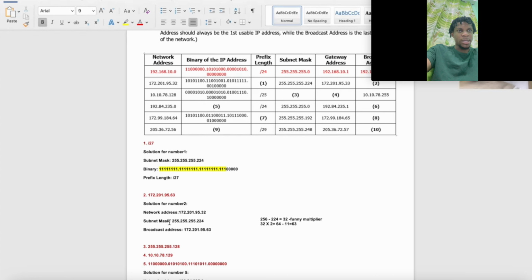Then the subnet mask is 255.255.255.224. The broadcast address, 172.201.95.63, is almost similar to the network address, while the subnet mask is always different.